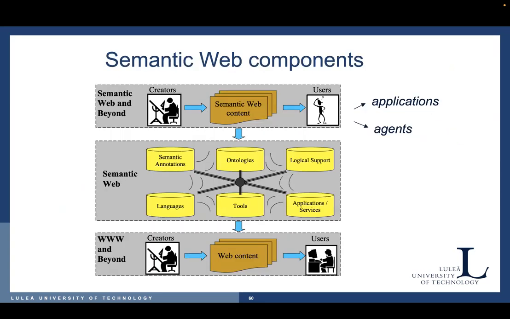So the components of the semantic web. At the very end, those are applications. We are not concerned with that, because that is semantic web specific. These are applications which deal with knowledge.